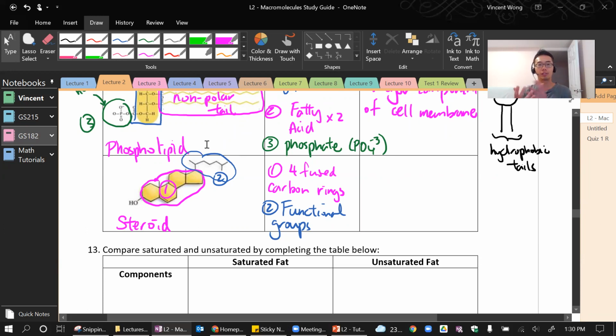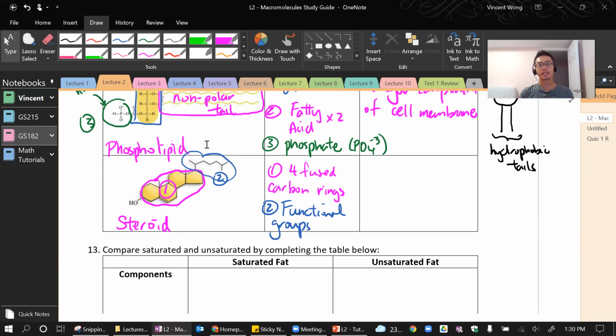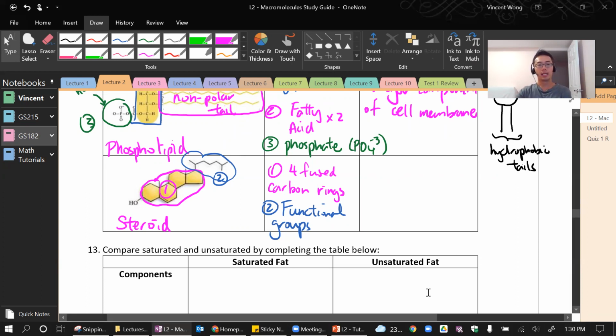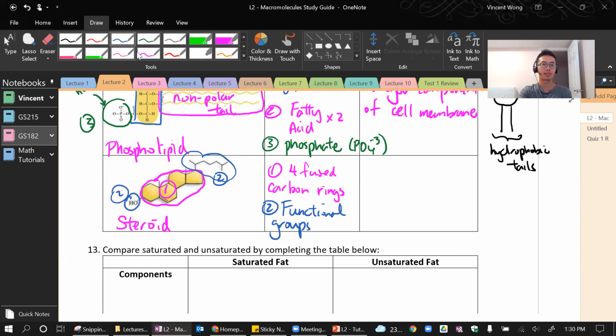By adding these different functional groups to your phone, it's gonna give it additional properties, right? Okay, so similarly, your steroid would have the core 4 fused rings, and then you would have a functional group here, you would have another functional group here, and depending on what you add to it, it's going to change its properties.